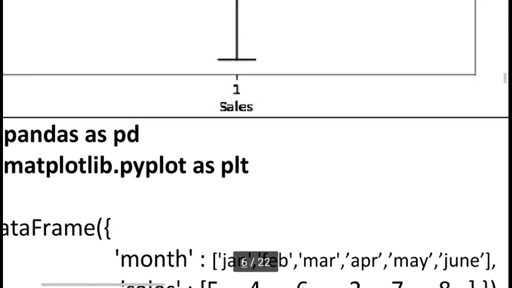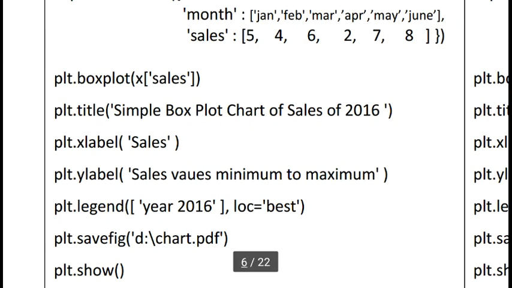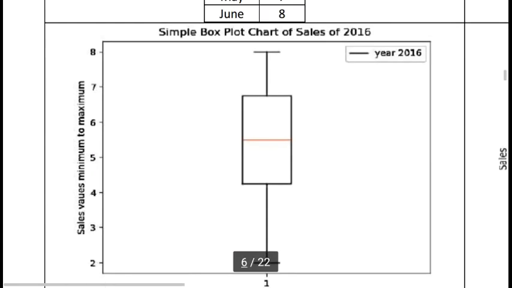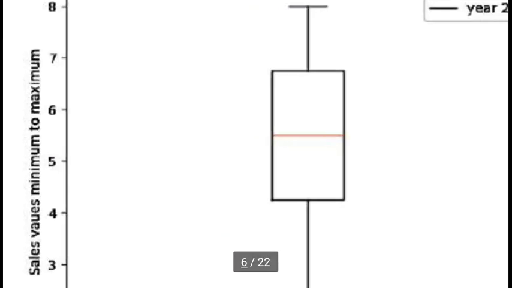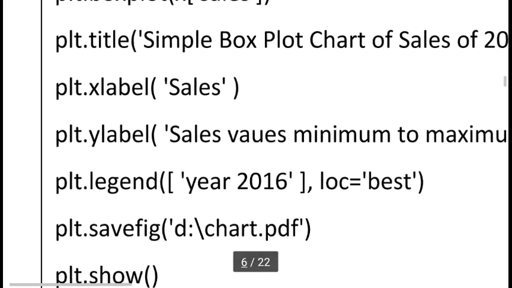On the OY axis the title is sales values minimum to maximum. So here I decided the title sales values minimum to maximum. You can see the OY axis title, but this title is not compulsory.